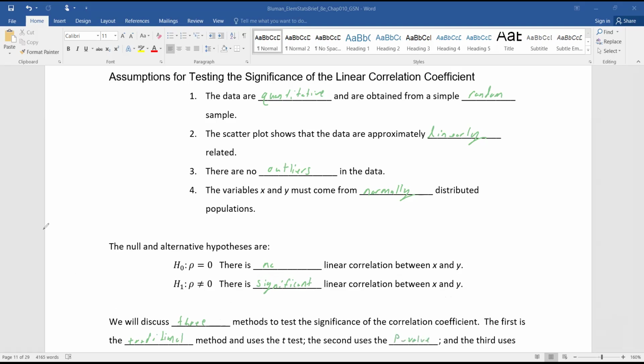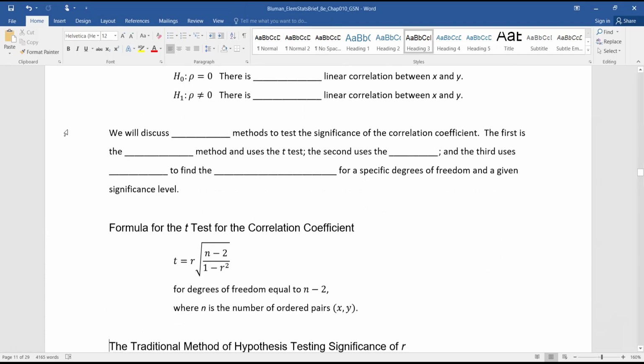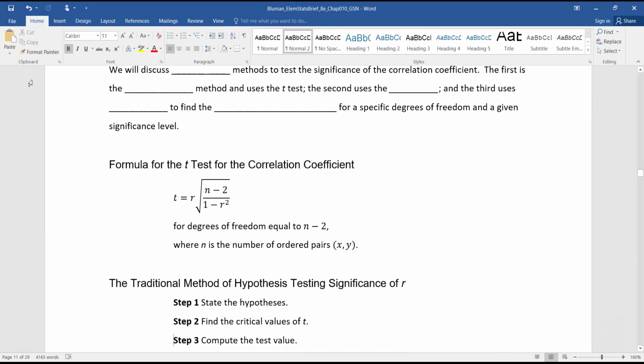And the third uses table I to find the critical value of R for a specific degree of freedom in a given significance level.